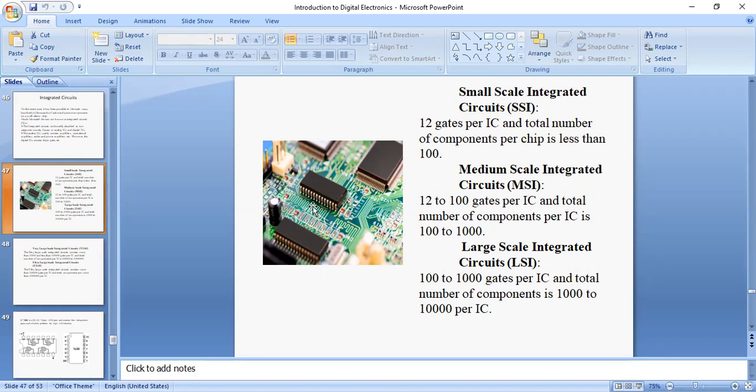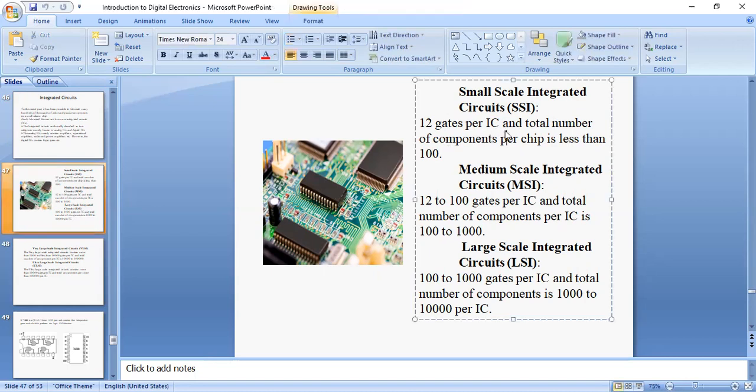In this manner, a minimum of 12 gates are present in a particular IC, so 3 into 12 is 36 pins, plus 1 is VCC and 1 is ground. So a total of 38 pins are there, and that belongs to the small scale integrated circuit, with 12 gates per IC and fewer than 100 components.